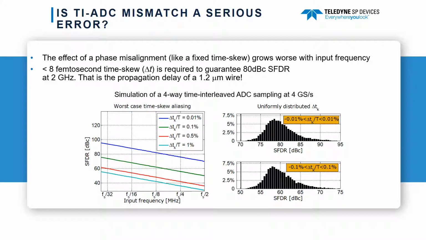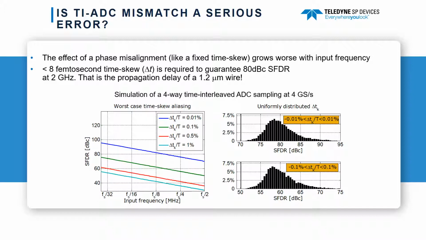If we're not considering the worst-case situation, but rather a more uniformly distributed time skew error, Monte Carlo simulations can provide a good idea of the achievable performance. The bottom right histogram shows such simulations for uniformly distributed time skew of 0.01% and 0.1% of the sampling period respectively, as well as the worst case aliasing for each case corresponding to the blue and green curves in the left-hand plot of the 2 GHz input signal.